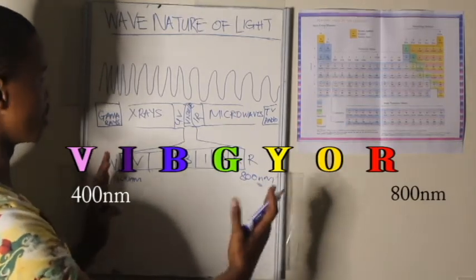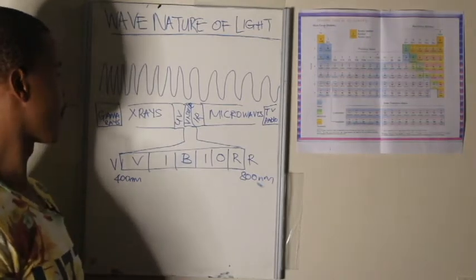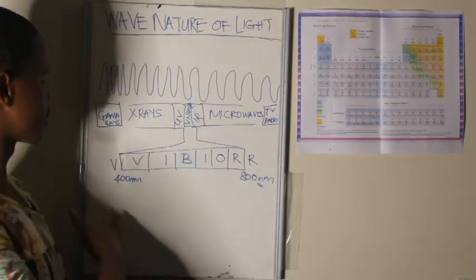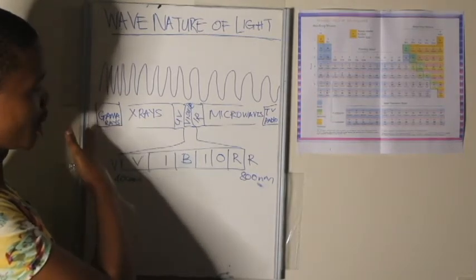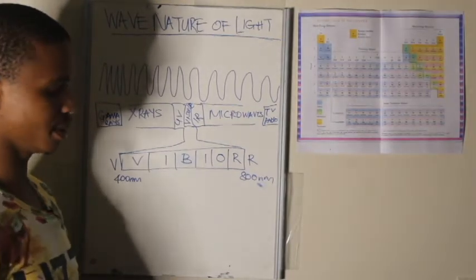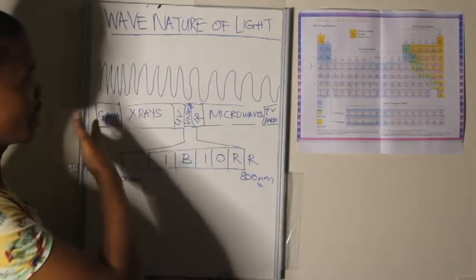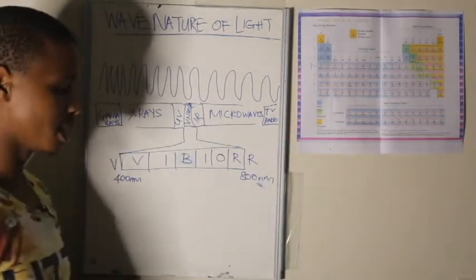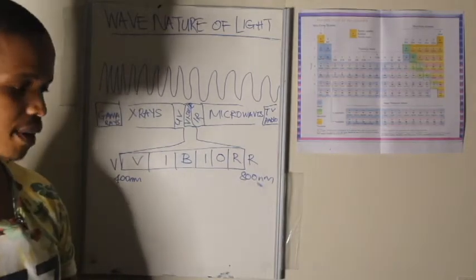That is your visible region in your electromagnetic spectrum. The wavelength gets smaller this side and longer that side. The frequency gets higher this side and lower that side. So that is your wave nature of light.